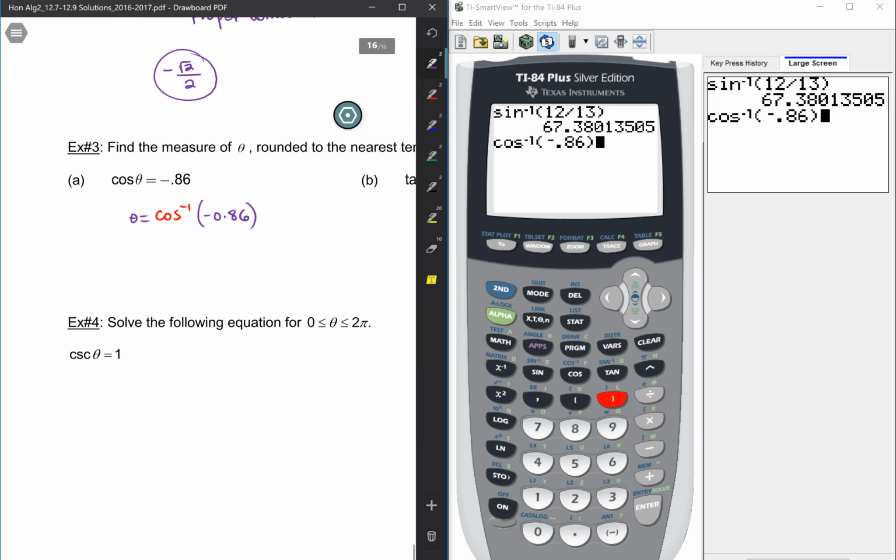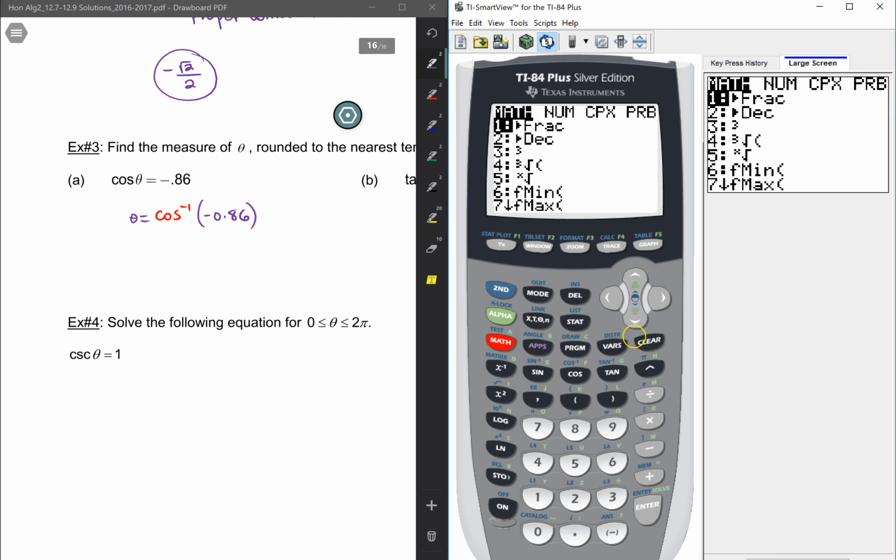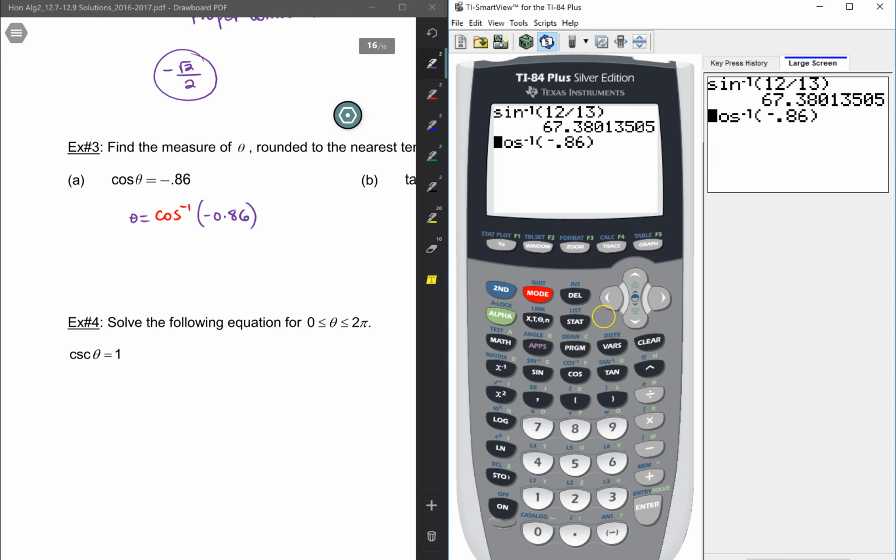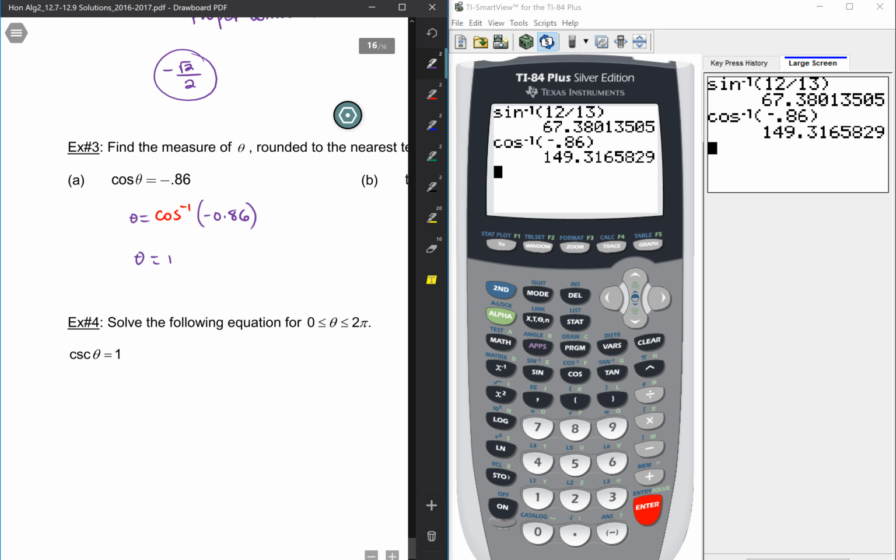I will specify if I want it in degrees, but let's just make sure that we are in degrees here. And I am. 149.3 degrees.